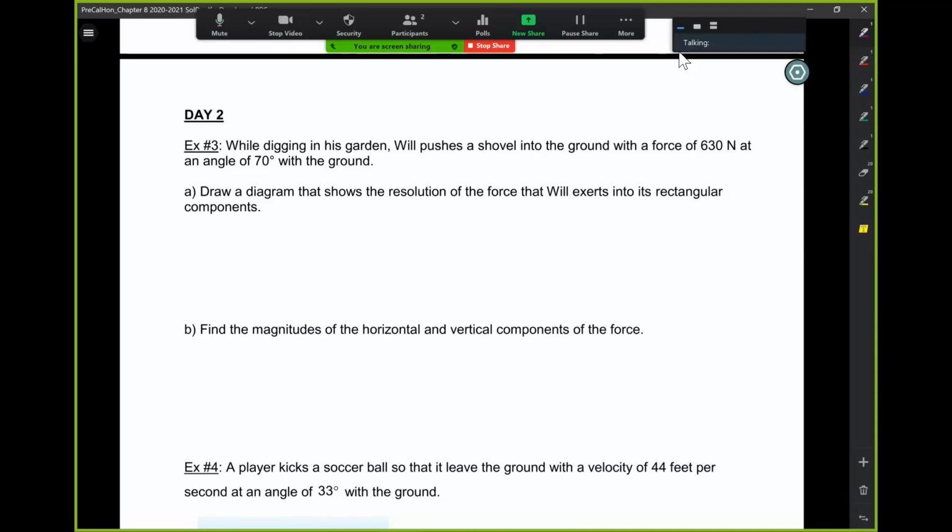So if this is the ground, this is the shovel, and it creates an angle of 70 degrees. So now, what you want to do is draw the vertical components of this. So the vertical components are the following.